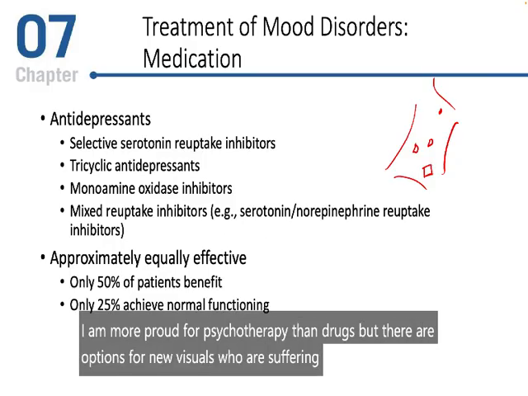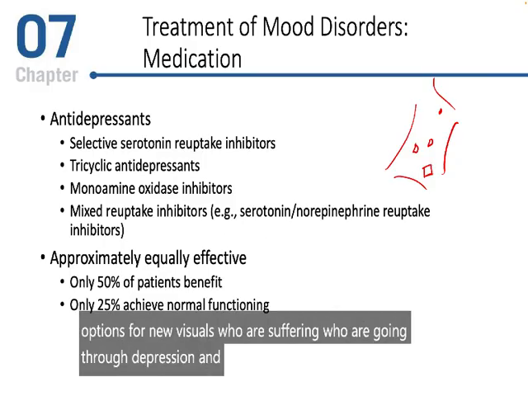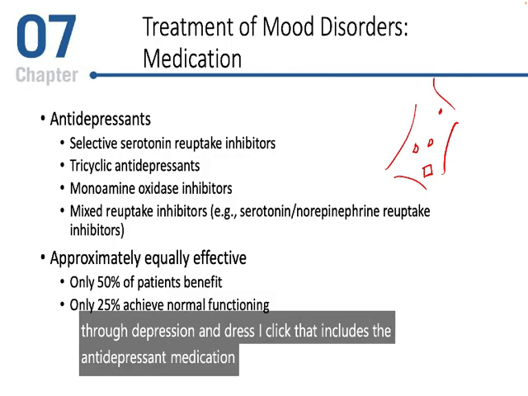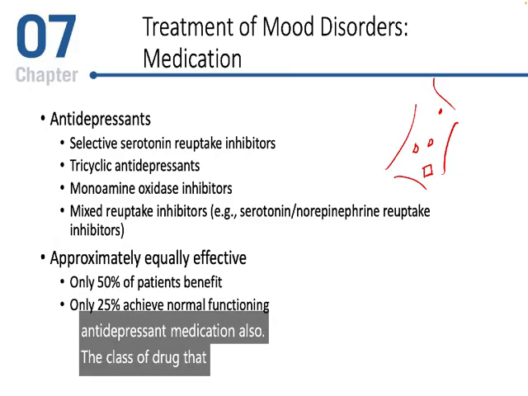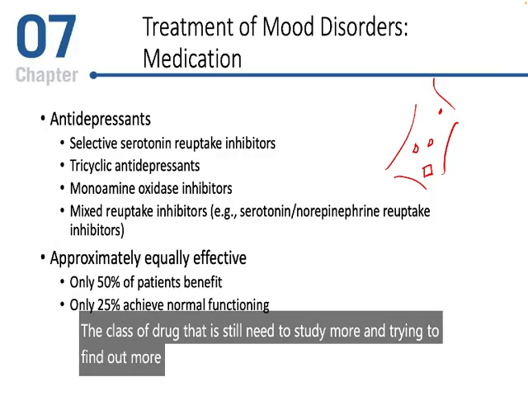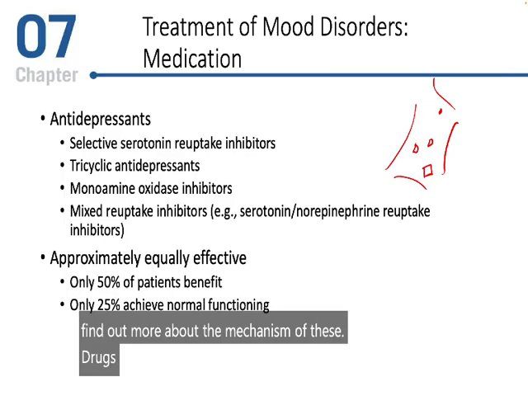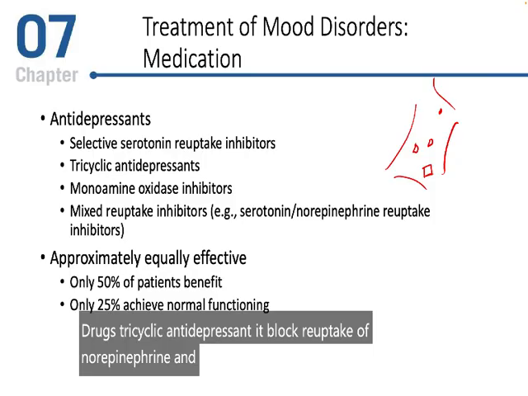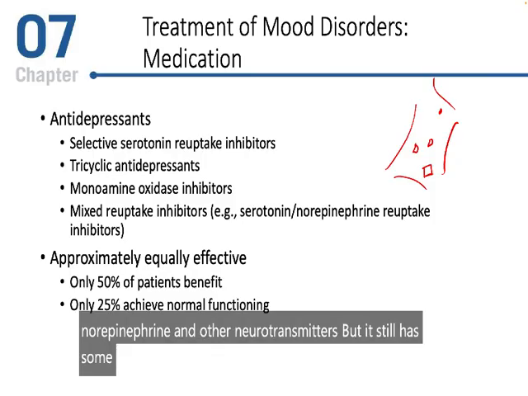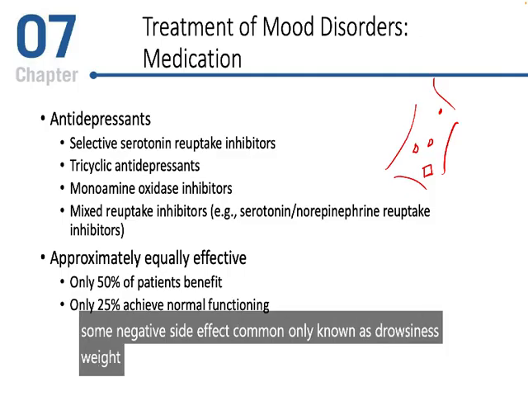And tricyclics, that includes the antidepressant medication, is also a class of drug that still needs to be studied more, and they're trying to find out more about the mechanism of these drugs. Tricyclic antidepressants block reuptake of norepinephrine and other neurotransmitters, but they still have some negative side effects, commonly known as drowsiness, weight gain, sexual dysfunction, and so on.